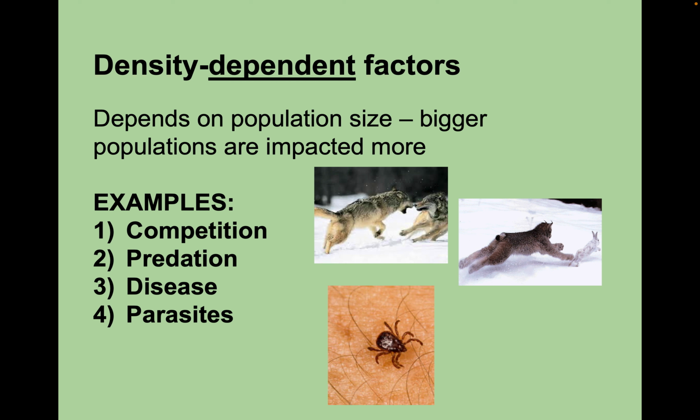There's more of you using less things. There's going to be a fight. Predators. There's more of you to eat. Predators are going to come after you more. Diseases and parasites. Think of like a sickness within an elementary school. If you have one group of little kids, one of them gets sick, the whole group's going to get sick. It's like that. The bigger the group, the more the disease is going to pass on.